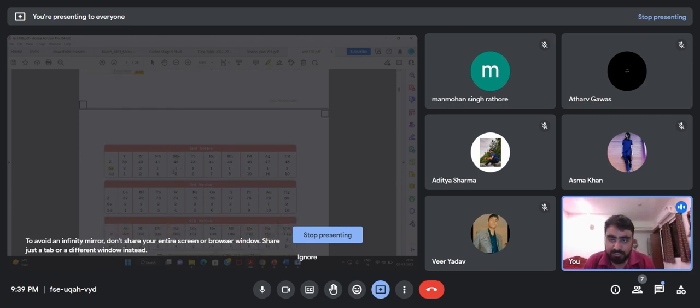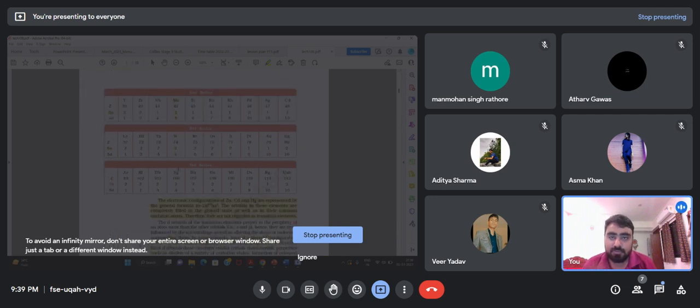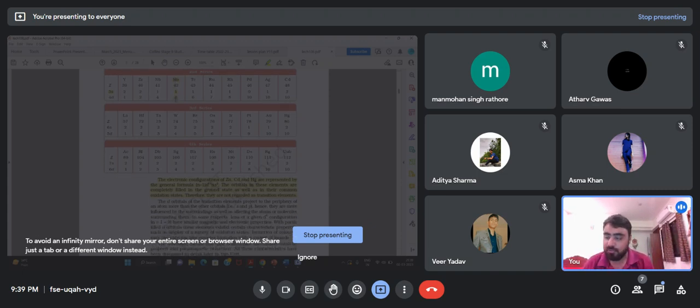What is the configuration? 4d5 5s1. So again, the highest number of unpaired electrons, so molybdenum also has a high melting and boiling point. One more example I want to give you is tungsten. What is the configuration? 5d4 6s2.